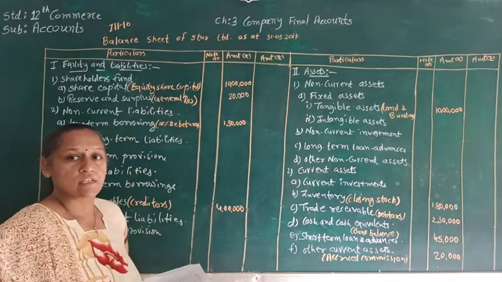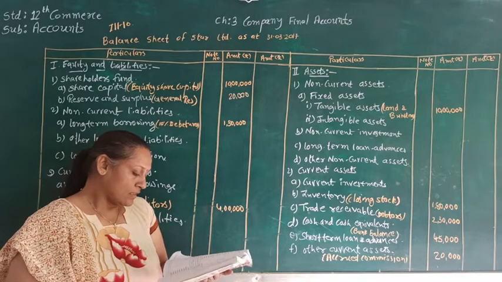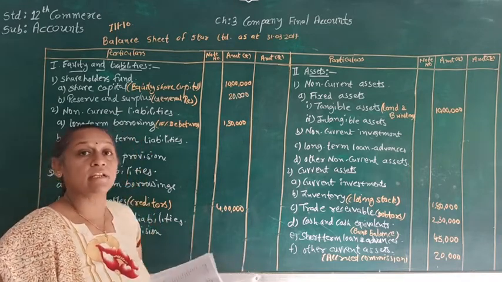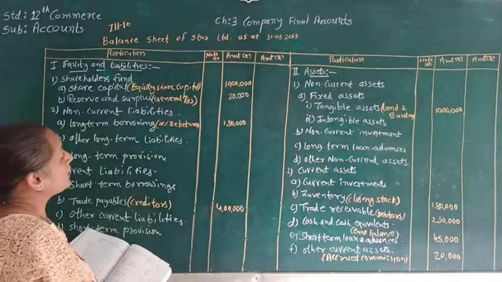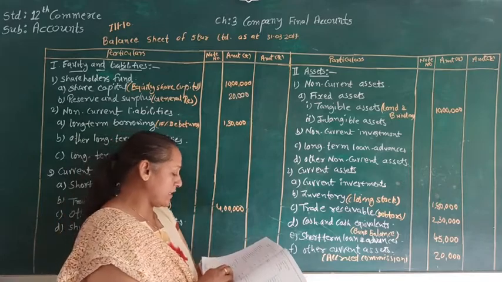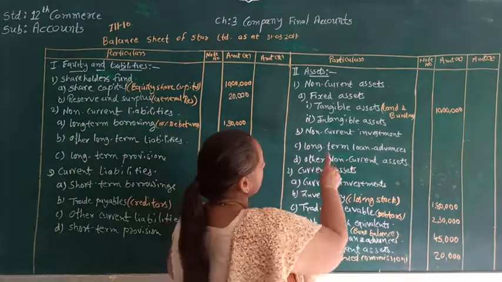And after this, the other balance given to us is debenture redemption fund investment. So here, whatever the debenture redemption fund is, that is invested, and that is a non-current investment.